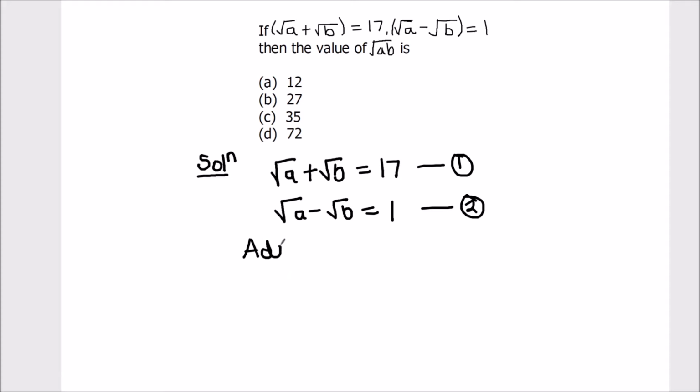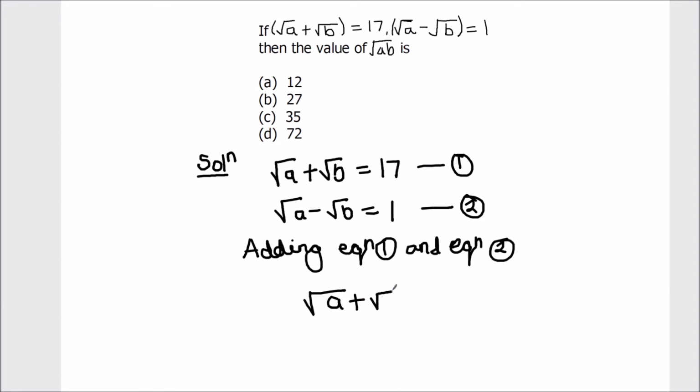Adding 1 and 2. So when we add the two equations, root a plus root b equals 17 and here we have root a minus root b equals 1. We'll add the two equations.